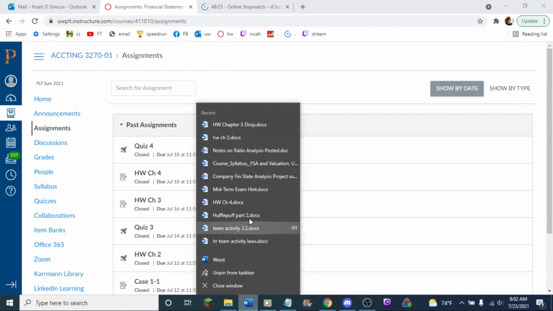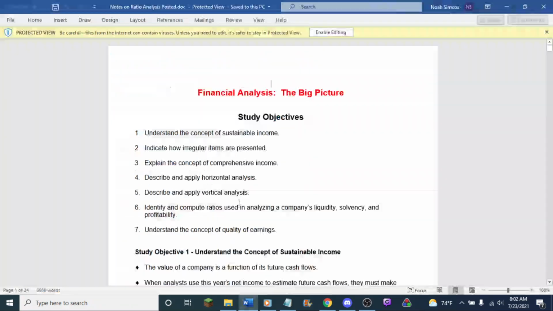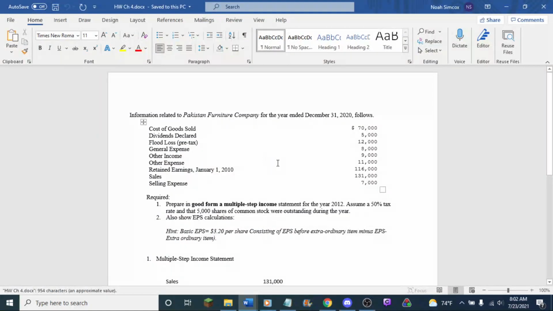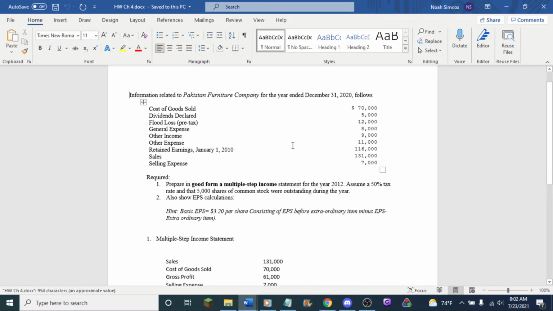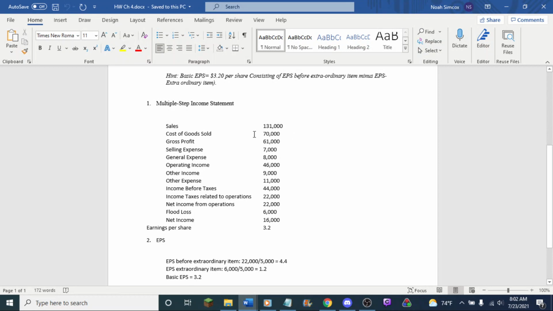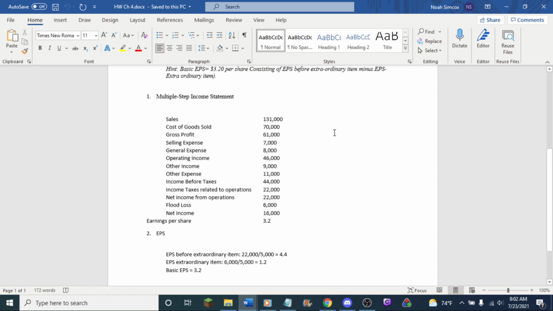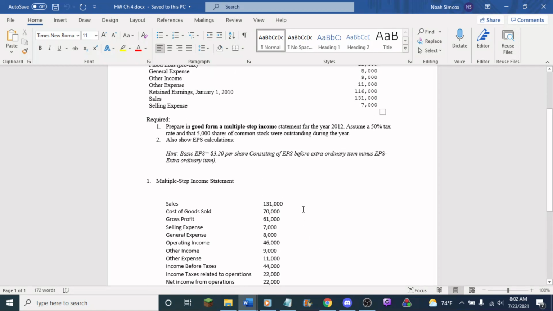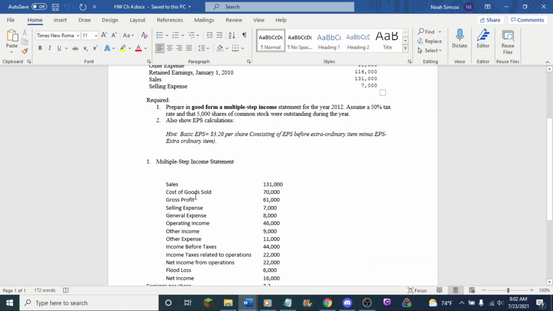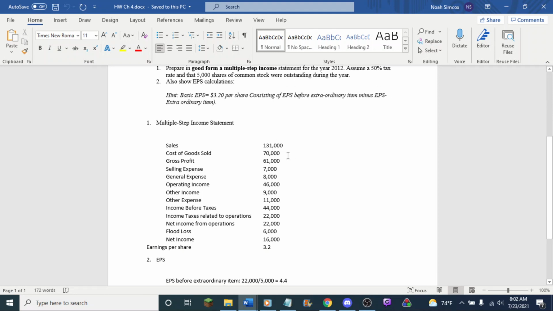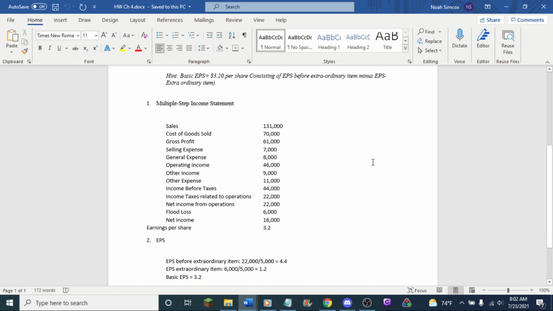I did that one recently. Oh my gosh. Okay, so he took off some points because I didn't put a heading for income statement. That's fun. Okay, so I did everything else right because I got sales minus cost of goods sold equals gross profit minus selling expense and general expense equals operating income minus other income and other expense equals income before taxes.